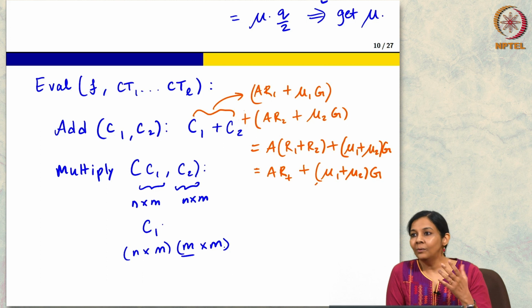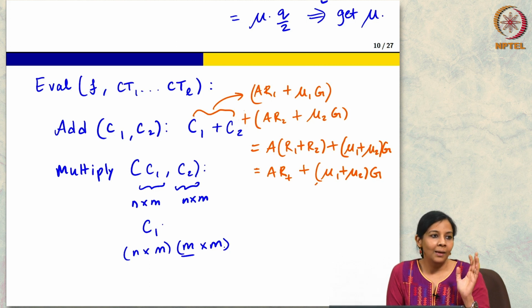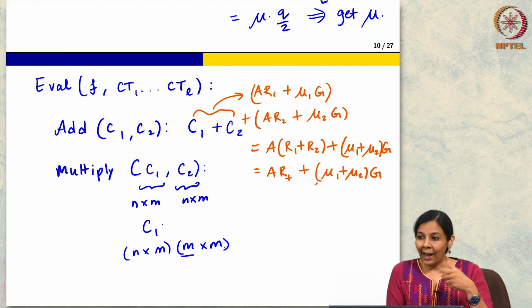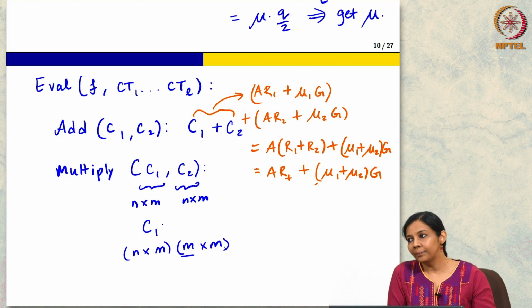What did I tell you is the main goal in scheme design from LWE? Not the simplest goal I should say, but the sort of guiding rope that I can hold on to. At least that has to hold. The noise should never blow up.